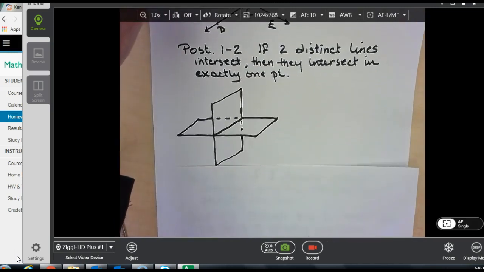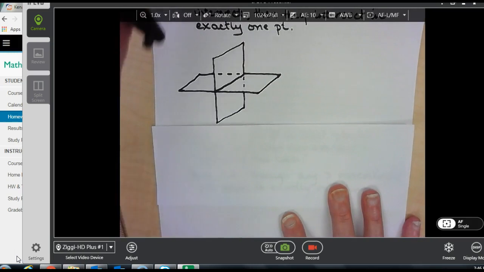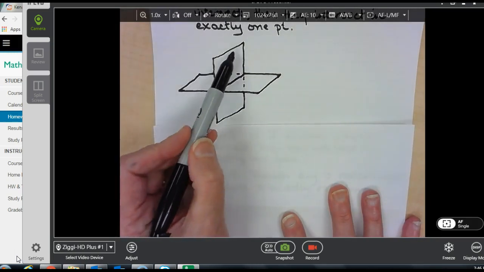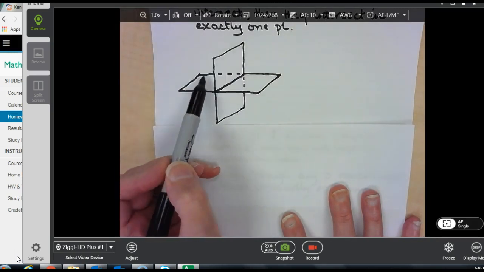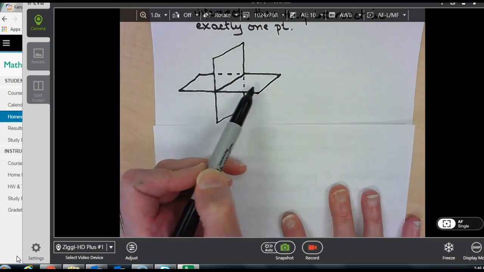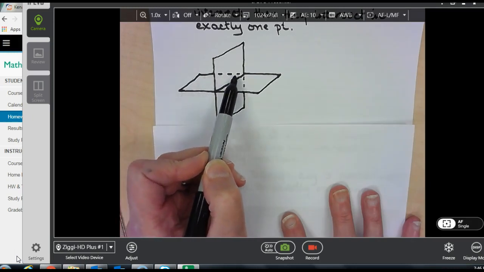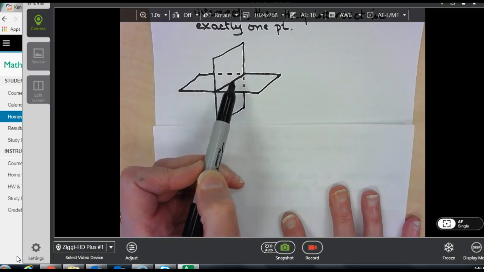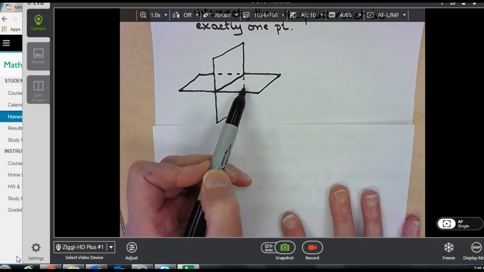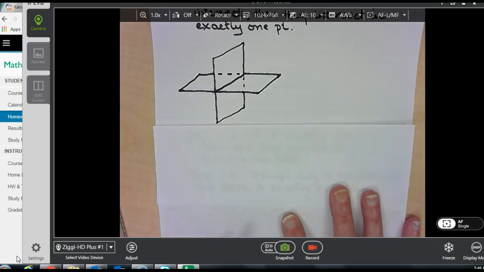Okay. So if I look at two intersecting planes, we have a vertical plane here and a horizontal plane. If you think of two pieces of paper cutting through each other, this horizontal one goes behind that vertical one. That's why it's dashed. And same with the vertical one goes behind that horizontal one, so it's dashed.